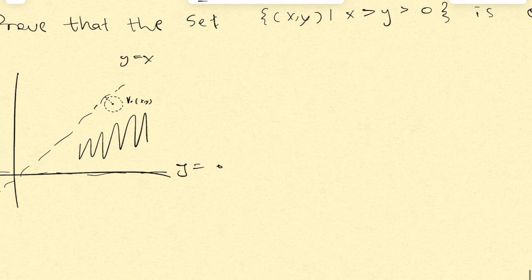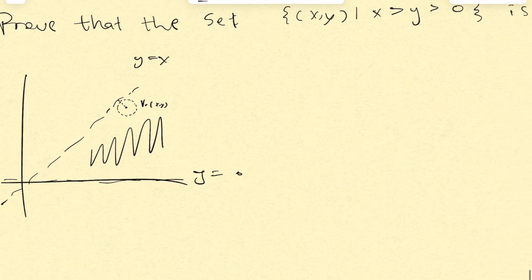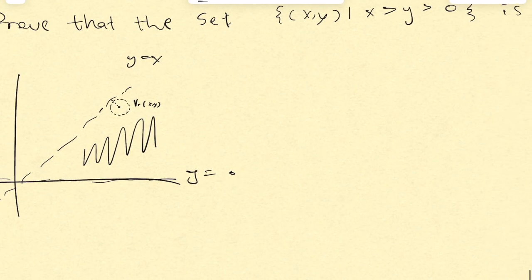Well, I've tried that, but it turns out to be not very helpful, because the formula for the distance between the point and line can get really messy. We're hoping that this formula would somehow lead to the inequality x larger than y, but I couldn't get it boiled down to this simple expression. So it turns out to be not a very good method in general.